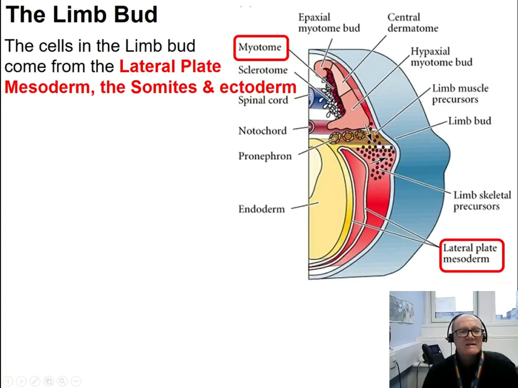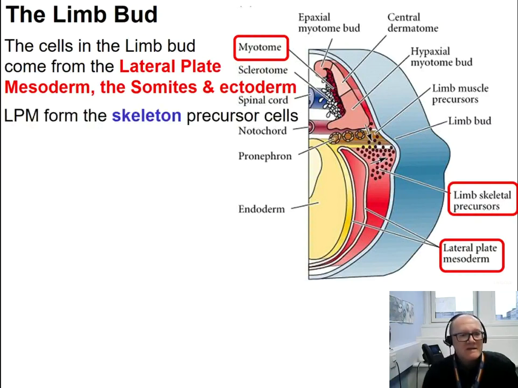So some cells migrate from the lateral plate mesoderm. Some cells migrate from the myotome, and of course the cells that migrate from the myotome are going to form muscles. Some cells come from the surface ectoderm. Now, the cells that come from the lateral plate mesoderm are going to form the bones of the developing limb.